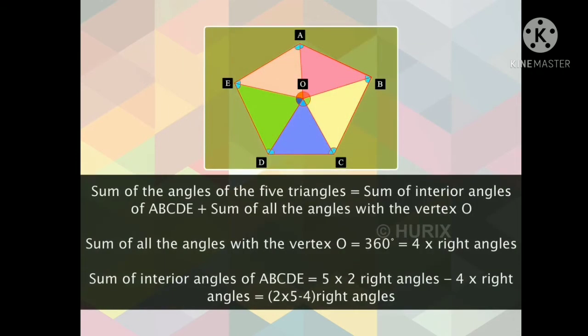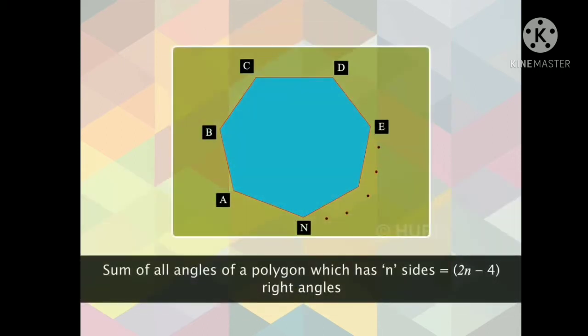To find the sum of the interior angles of the pentagon, we have to subtract the sum of all the angles with the vertex O from the sum of angles of all triangles. Thus, a polygon with n sides will have n triangles in it, and thus the sum of its interior angles will be found by using this formula.